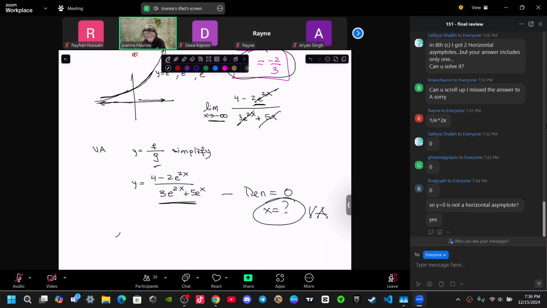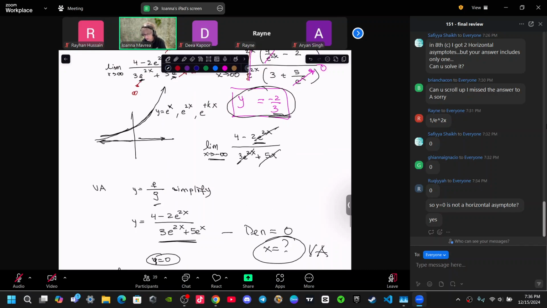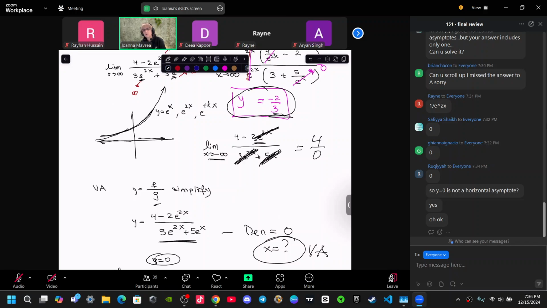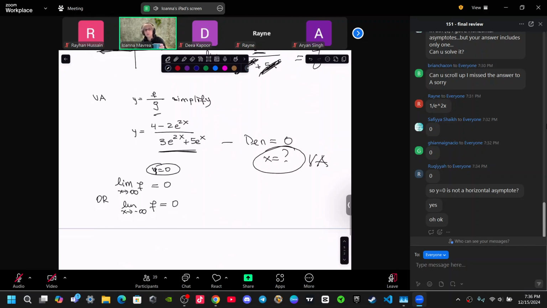Okay, so to have a horizontal asymptote, either this limit is equal to 0 or this limit is equal to 0. One limit was negative 2/3, whatever we found. The other limit on the other side, this one to 0, this one to 0, this one to 0, so it gave you 4/0. That's not 0. Right? So no asymptote on that side.